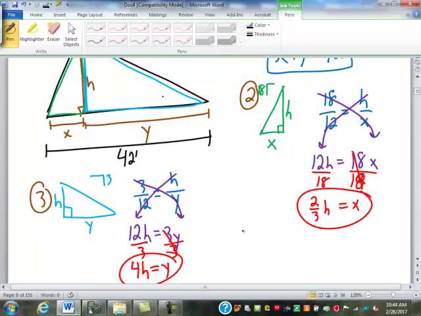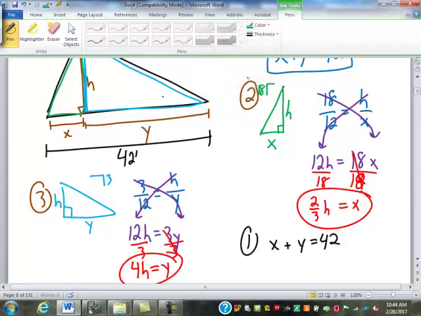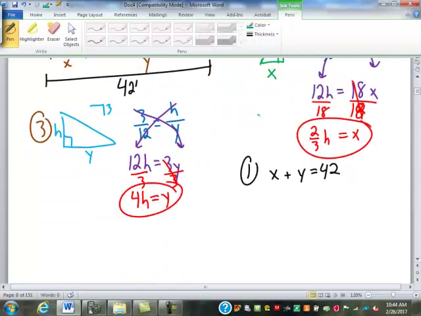And then we go back to equation number 1. X plus y equals 42. What does x become in that equation? 2/3 h. What does y become in that equation? 4h.